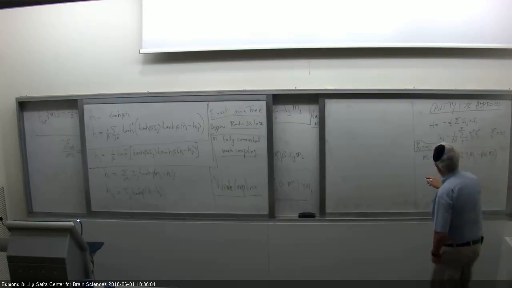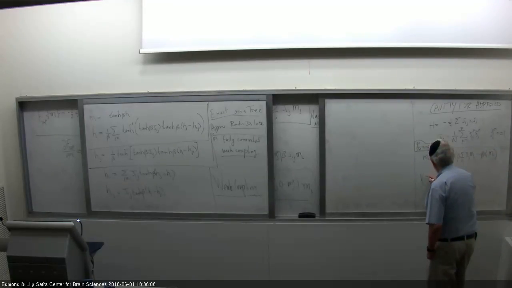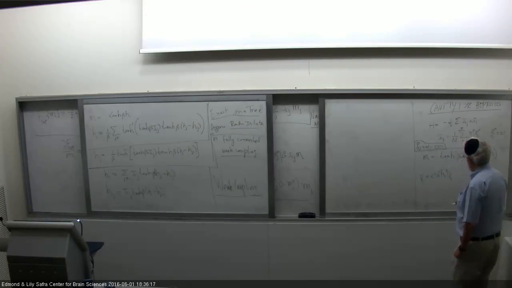So what is V_i? V_i is the average of delta h_i squared, again the cavity average.